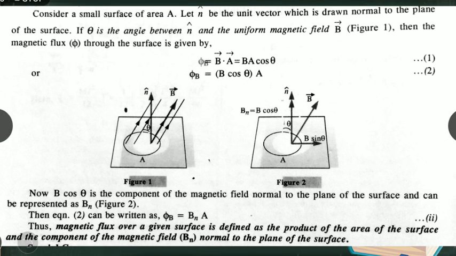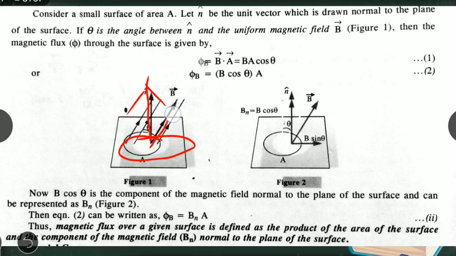In the diagram, consider one small portion, surface area A. Here n cap is the unit vector drawn normal to the plane. Theta is the angle between the unit vector and the uniform magnetic field.